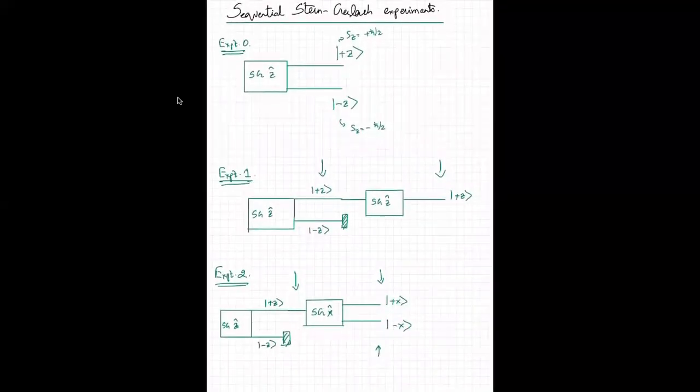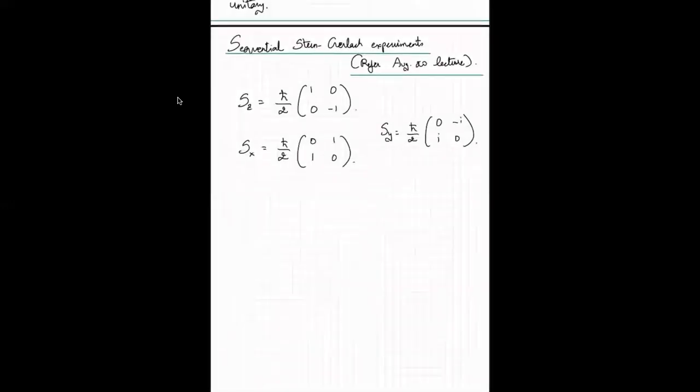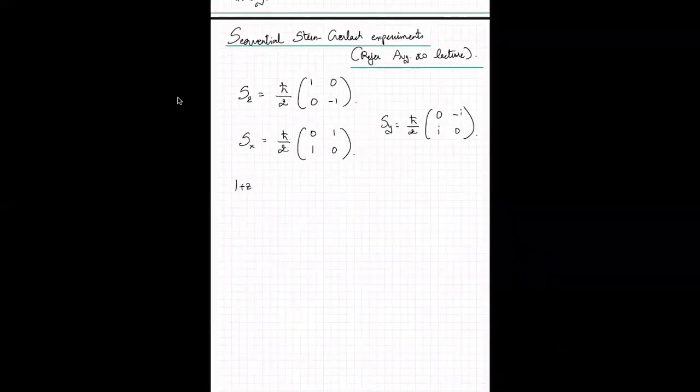Now, how do you understand experiment number 1? After the first beam has passed through the Stern-Gerlach experiment, you're splitting the beam into plus z and minus z. The notation plus z means Sz equals plus h bar over 2. This is the notation, right?